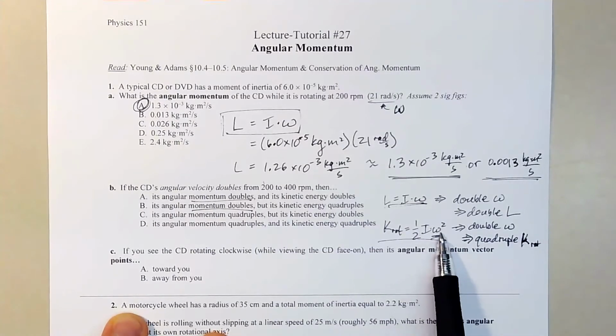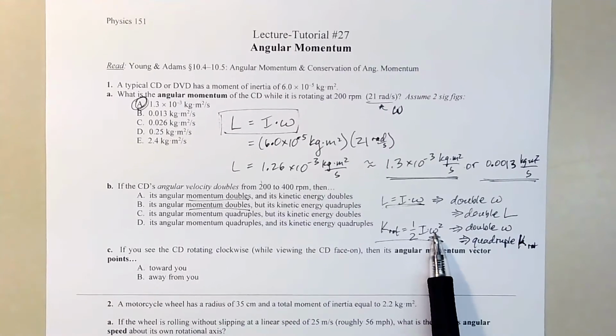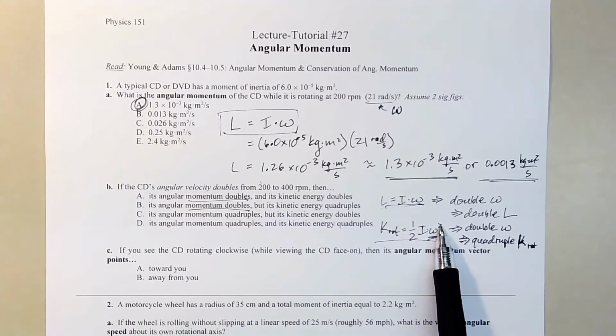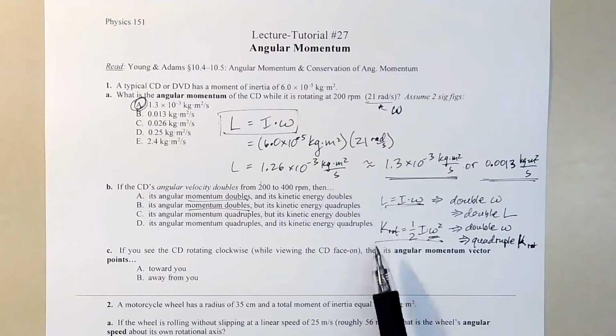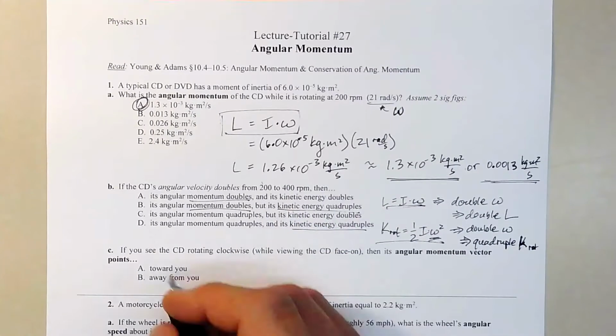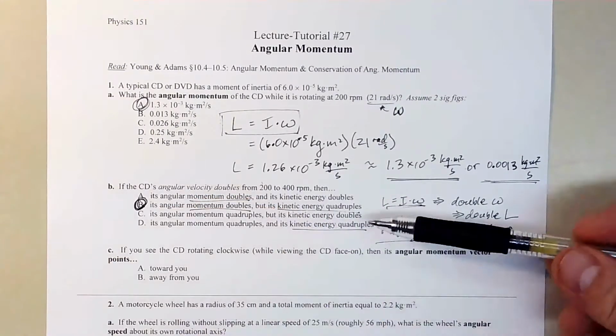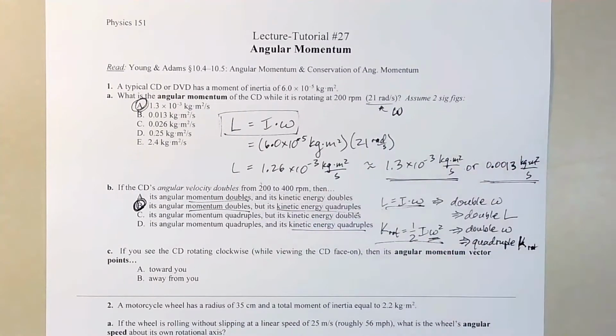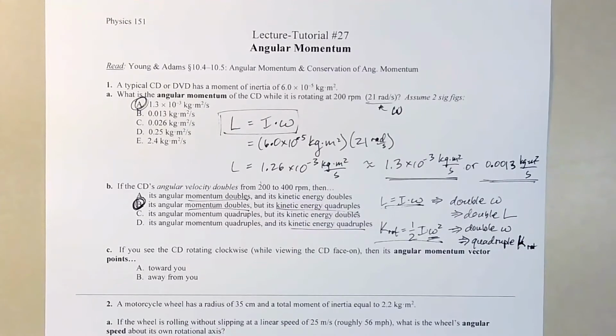Because putting in twice as large of a value for omega means that you will have to square that 2, so this becomes 4 times larger. The total kinetic energy becomes 4 times larger. So the kinetic energy quadruples. It looks like the one answer choice that has 2 correct statements in it is answer choice B.